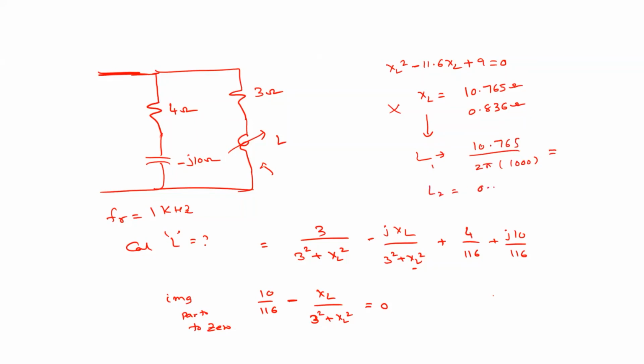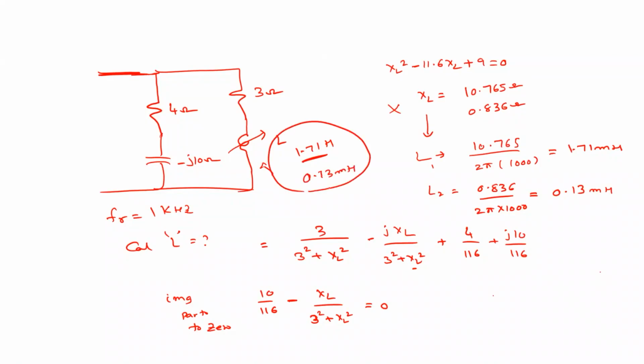Similarly, L2 is 0.836 divided by 2 pi into 1000, which is 0.133 millihenry. So these two are the options.